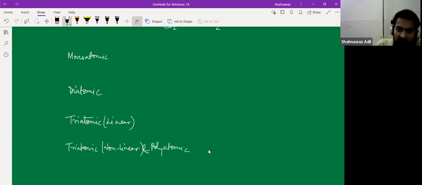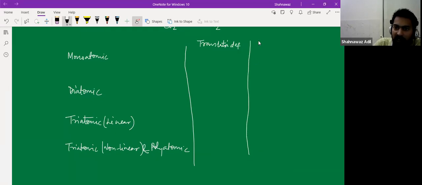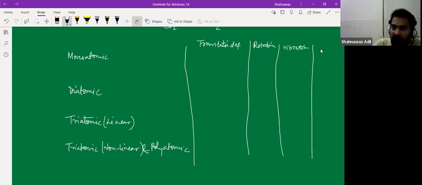Both have the same degrees of freedom. So monoatomic has translation degrees of freedom, right? And then you have rotation, and then vibration, right? And then you have total DOF, right, guys?